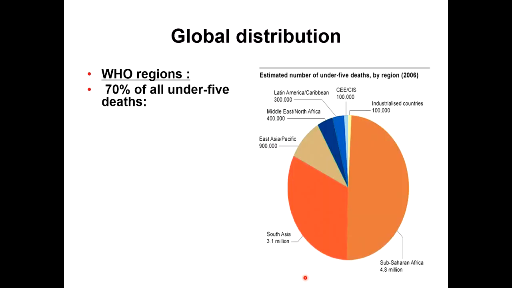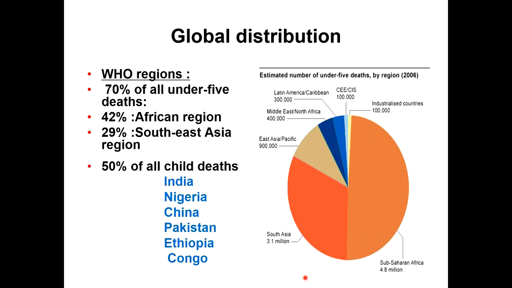When we move towards the other statistics, WHO says that of all under 5 deaths, 42% occur in the African region. As you can see in this pie chart, almost 45% of the mortalities are reported in the African region, which is actually the least developed area.